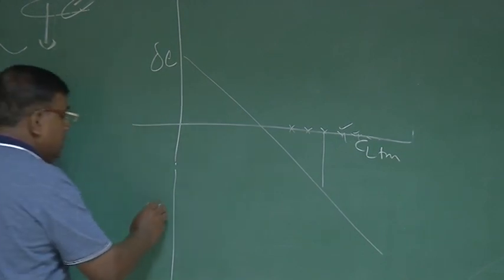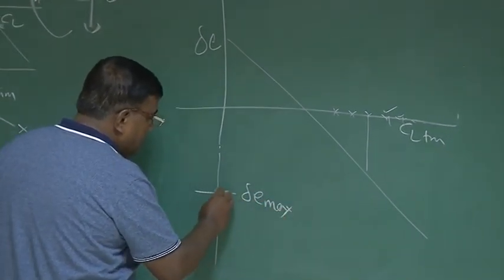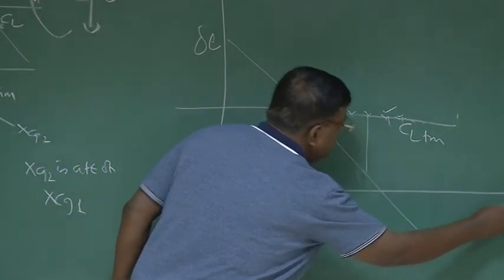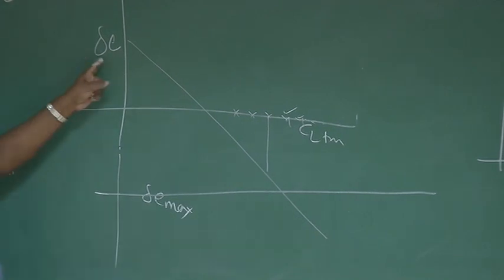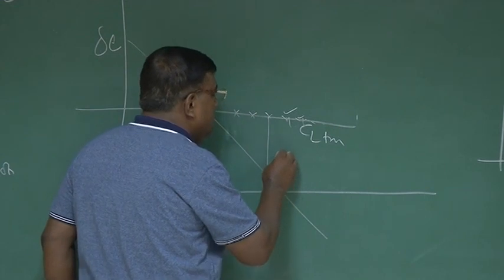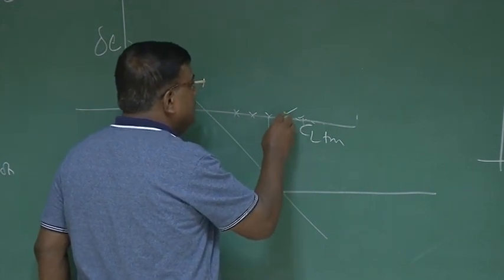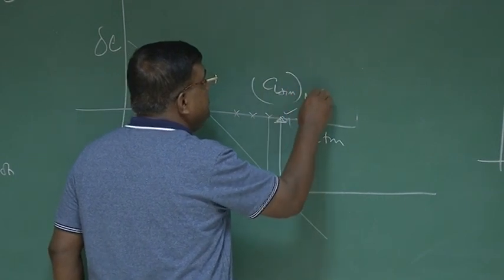So that number, let's say delta E max, and we draw a line like this. Okay? Once you draw a line like this, and once you have delta E versus CL trim, it clearly tells you that you cannot go beyond this CL trim. So this is the CL trim maximum.